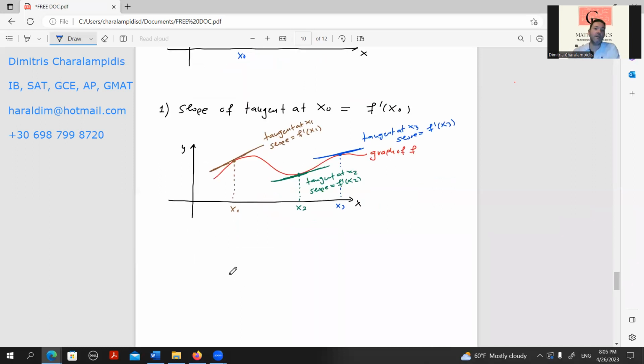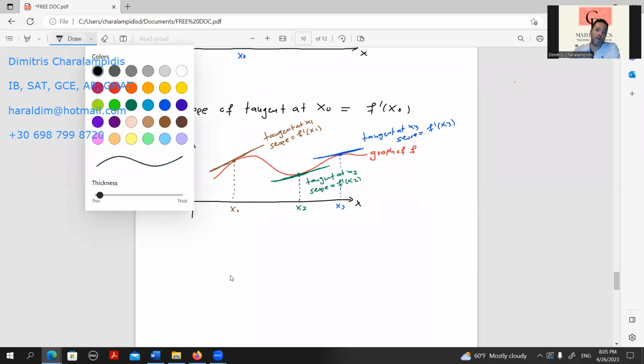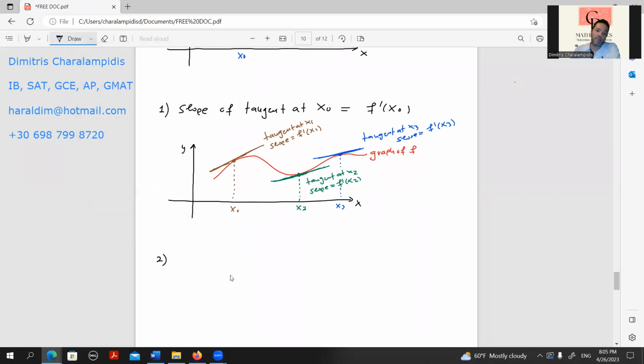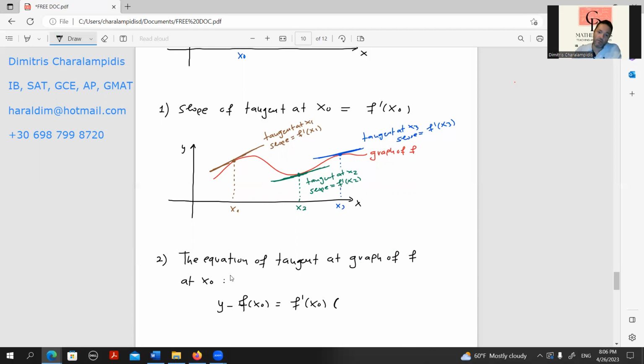The second thing I want you to keep in mind is that the equation of tangent at graph of f at x0 will be given by this form: y minus f of x0 equals f prime of x0 times x minus x0.